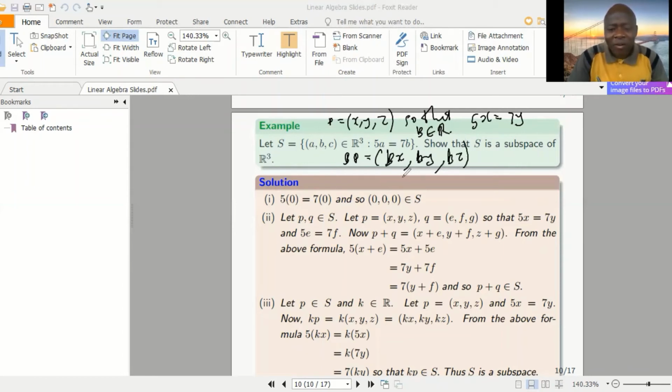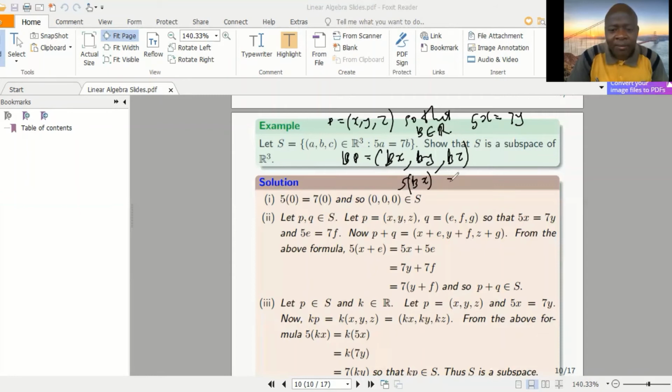Good. Now, what is our role now? Our role is to show that beta P is in S. And how do we show that it's in S? For us to show that beta P is in S, we need just to show that 5 times the first element here equals 7 times the second element. So let me get first 5 times the first element.